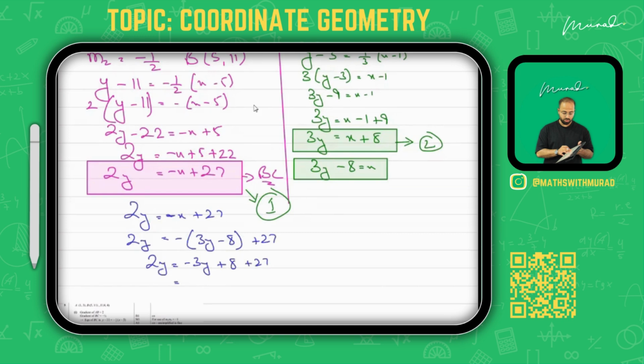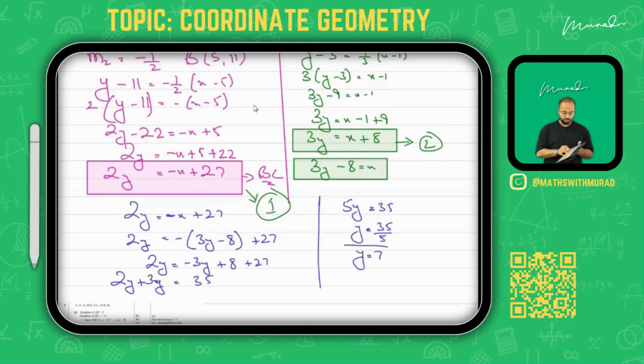So this is going to be 2y plus 3y, which is 5y, and this is going to be 27 plus 8, which is 35. So 5y is equal to 35. So the value of y is going to be 35 divided by 5. That is going to be 7.